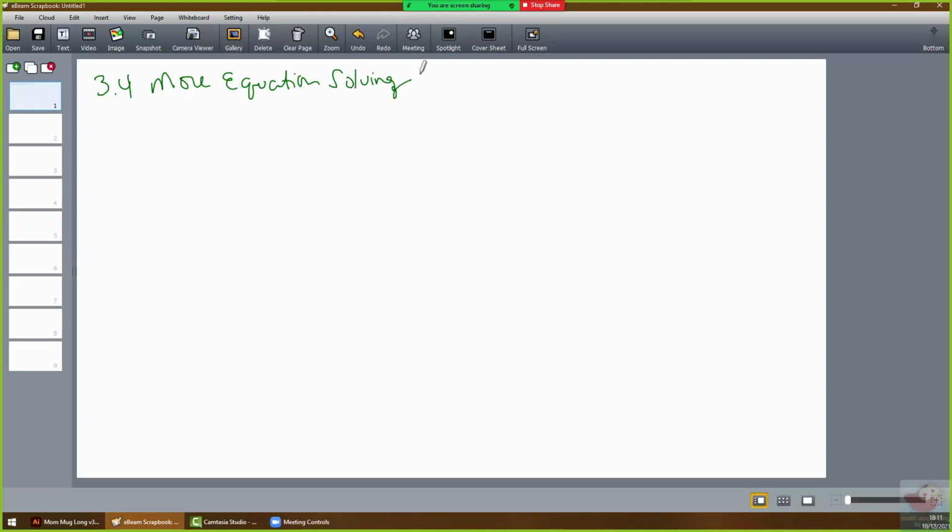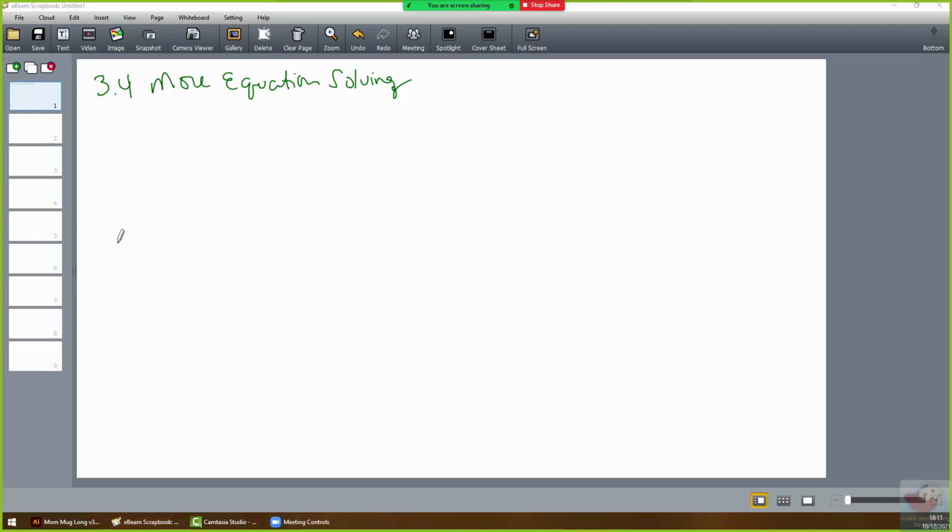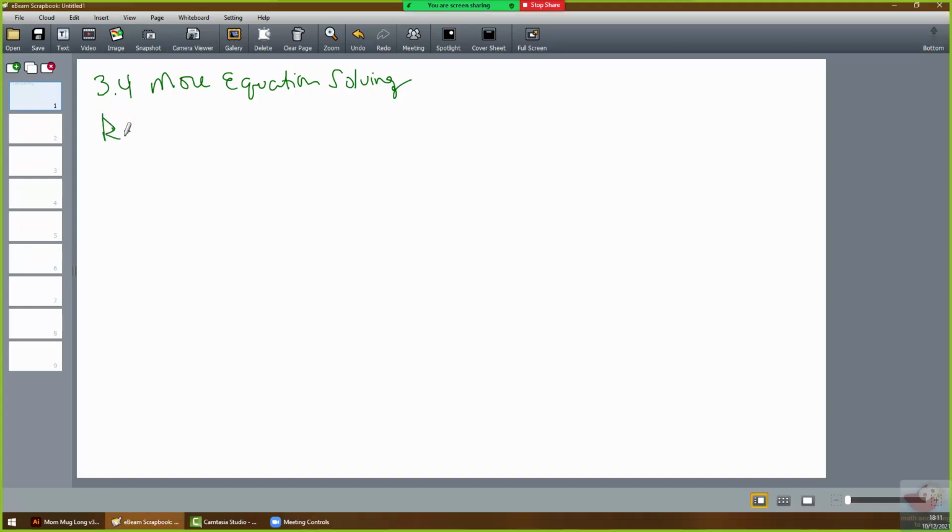There are 2 types of equations in this section that are of concern. The first one is a rational equation. And to be very honest, these are hard to create off the top of my head.